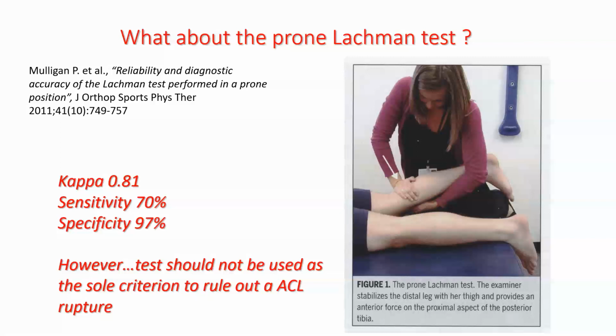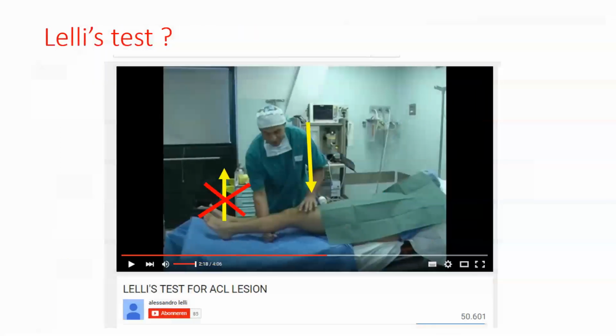The test should not be used as the only criterion to rule out an ACL rupture. And here I come back again with my famous word, the package. We are always looking for a combination of positive signs and negative signs, and the elements from the history, the elements from the inspection. All those puzzle pieces together are going to give me a nice image.